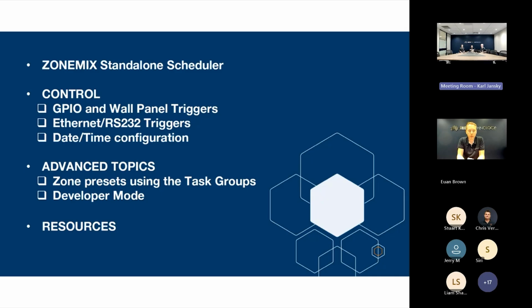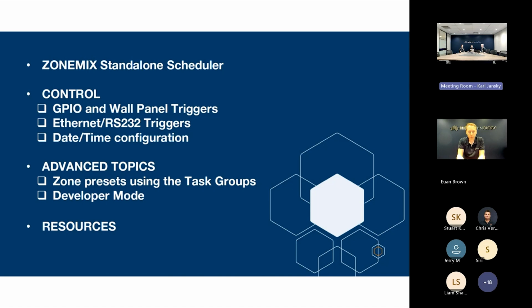So that is things like general purpose inputs and outputs that are on the Zonemix 4 and 8 products, and how you would then trigger those from wall panels as well. So when we set up all of these tasks, the scheduler could trigger these tasks, but also the GPIO and the wall panels can do it as well. So ultimately, in terms of the control side, that is more of an additional way of triggering it above the scheduler that is inbuilt into the product.